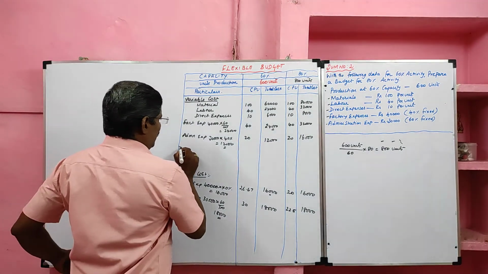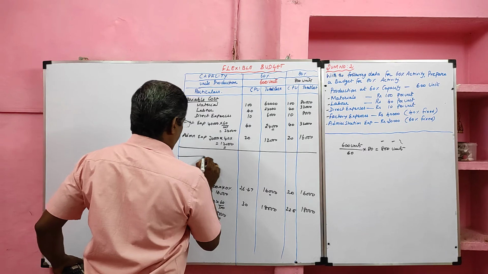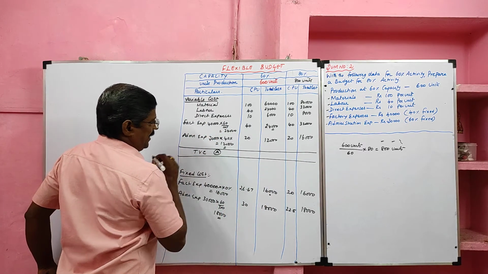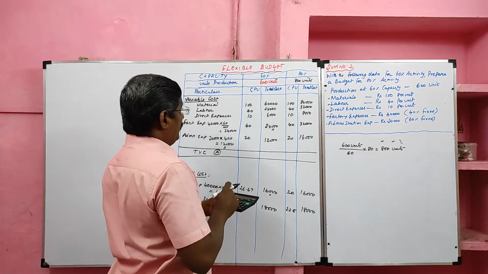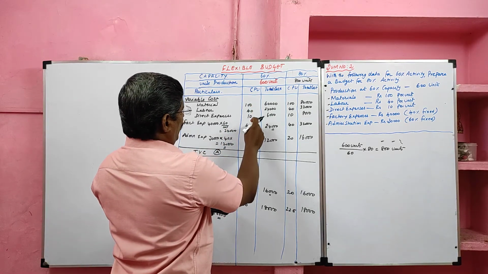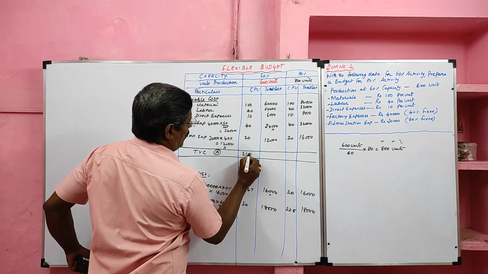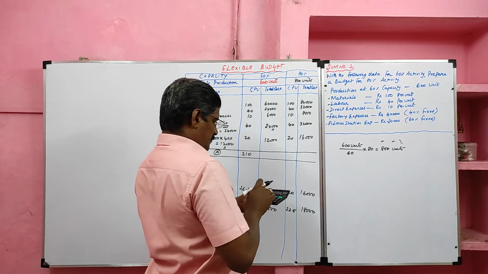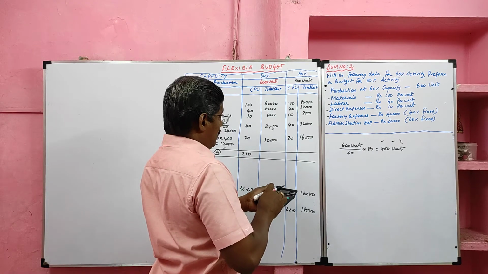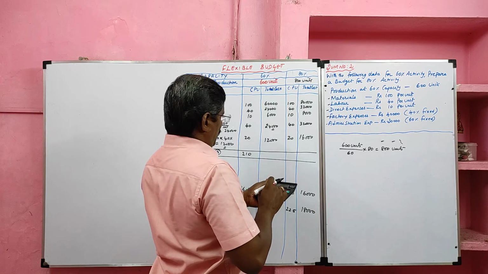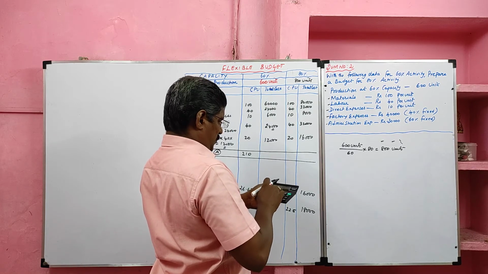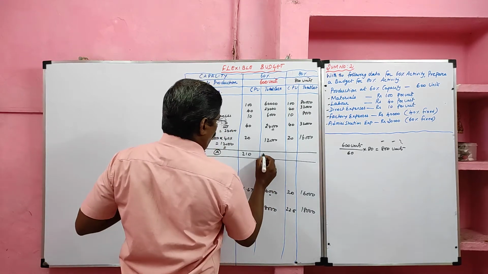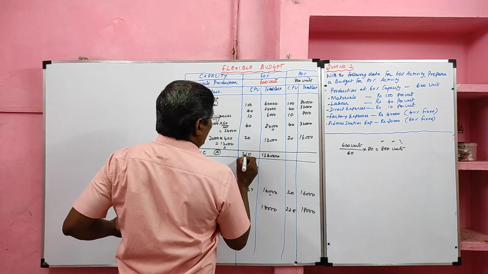Students, we divided the total cost into two categories, variable cost and fixed cost. Now we total the variable cost separately. This we call total variable cost, marked as A. We add the cost per unit: 150, 190, 210. Then we add 60,000 plus 24,000 plus 6,000 plus 24,000 plus 12,000, which gives 1,26,000.